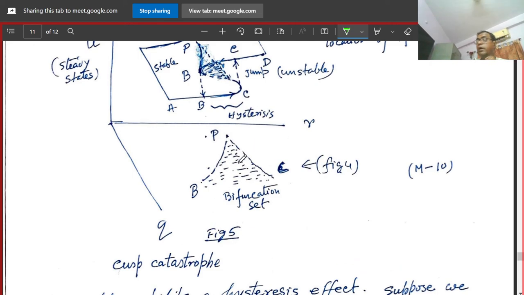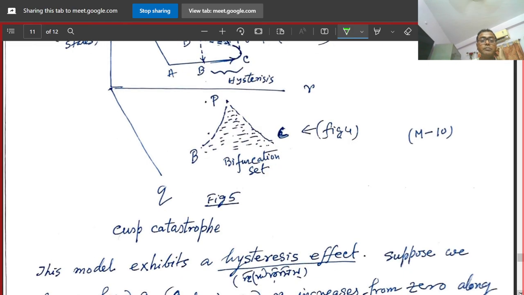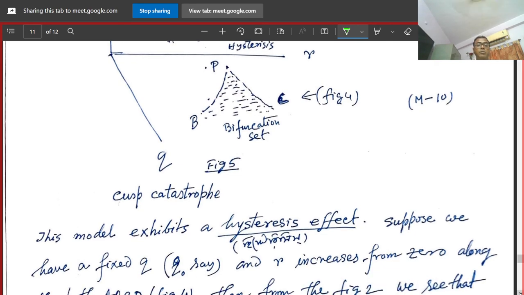We already drew this figure in the bifurcation diagram before. This is the cusp catastrophe, and this model exhibits the hysteresis effect.